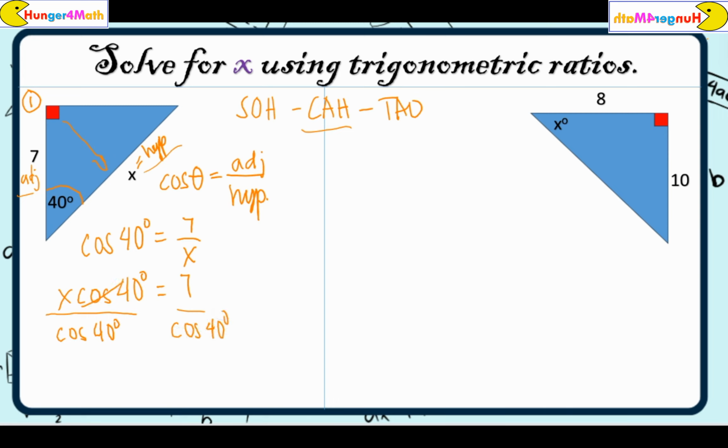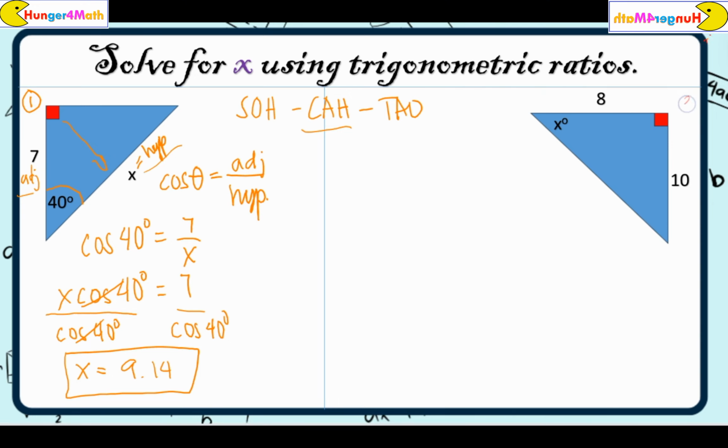So we can cancel this out. So x now is equal to, now here you need a calculator and type 7 divided by cosine 40 degrees. And the result will be 9.14 into 2 decimal places. So the value of x is equal to 9.14.